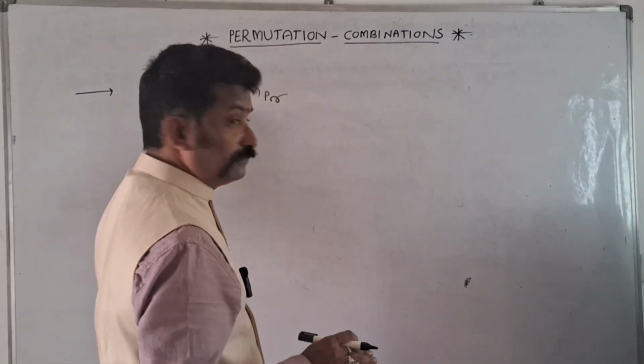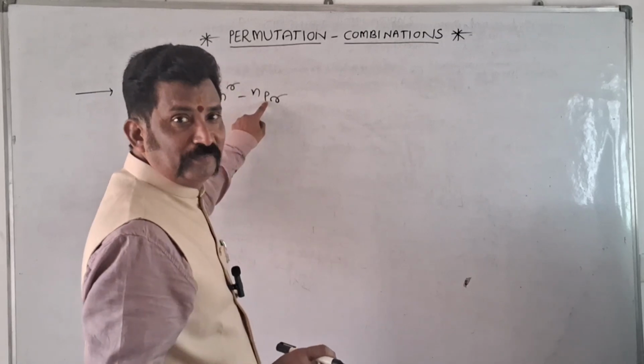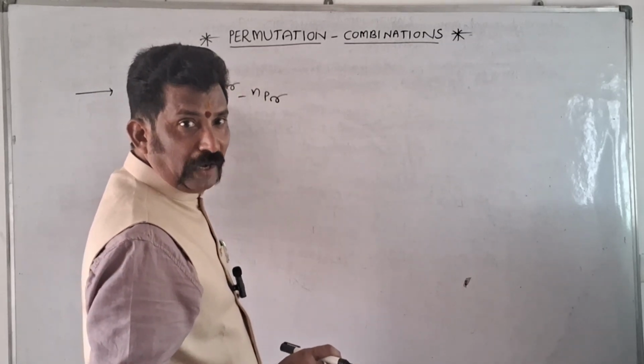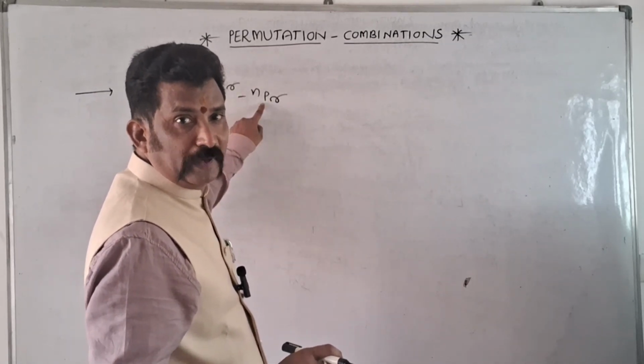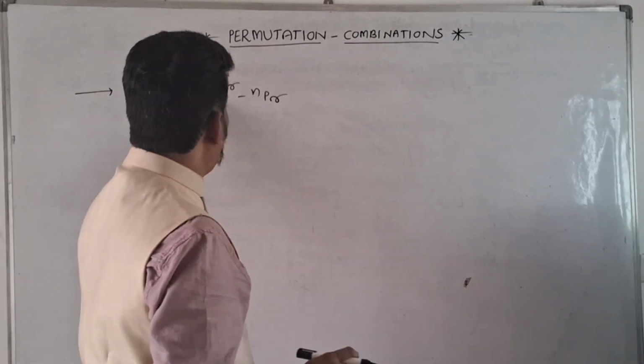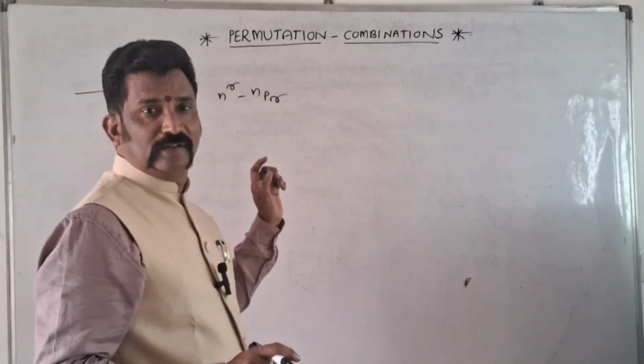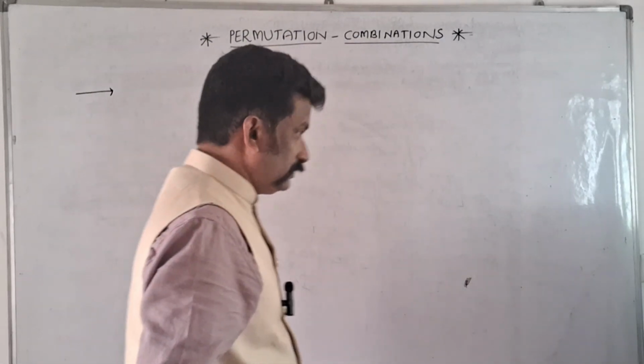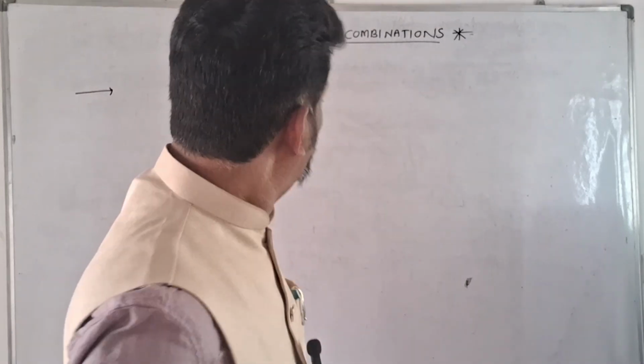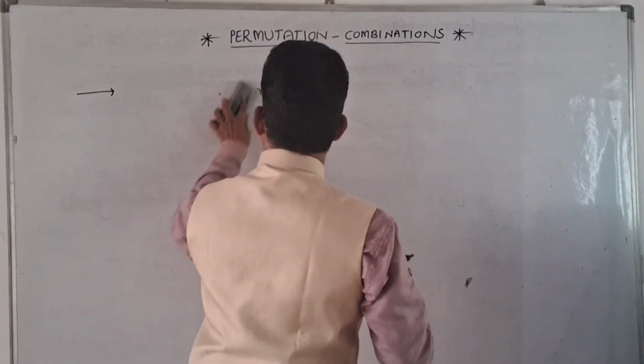This one is repetition, this one is non-repetition. Total minus non-repeated: n power r minus nPr.